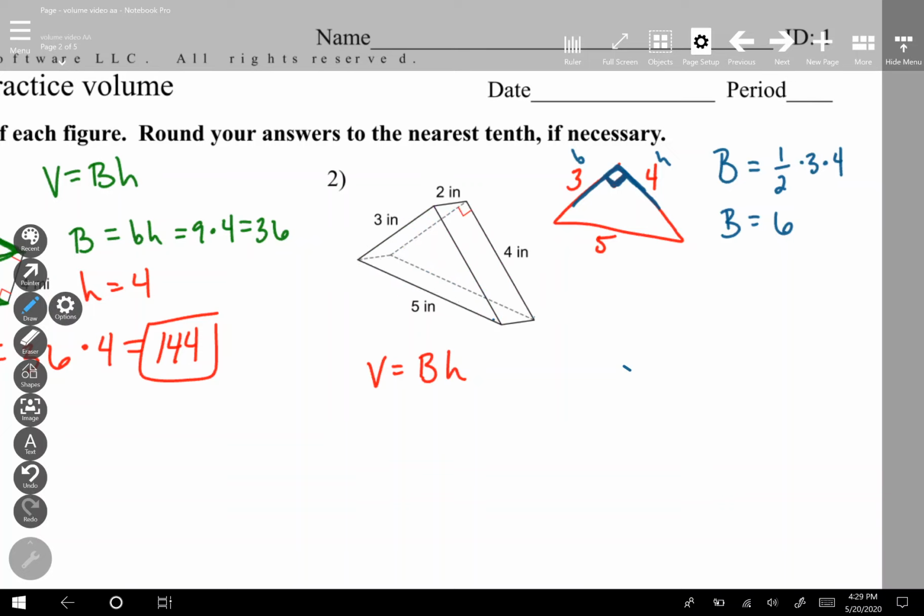Okay, next one. So be careful. We didn't just increase it 5 times the amount. We had to do it 5 squared because we're dealing with area.